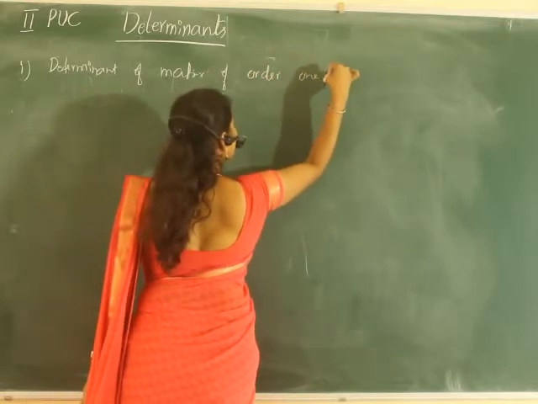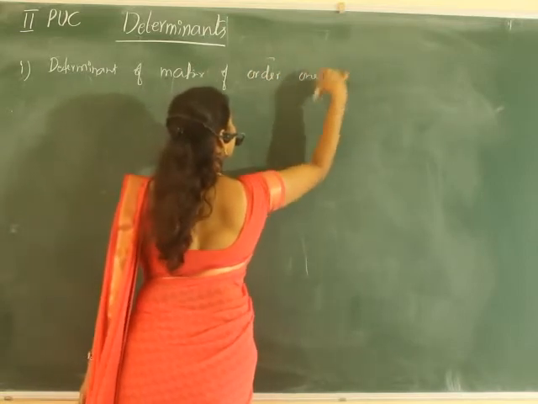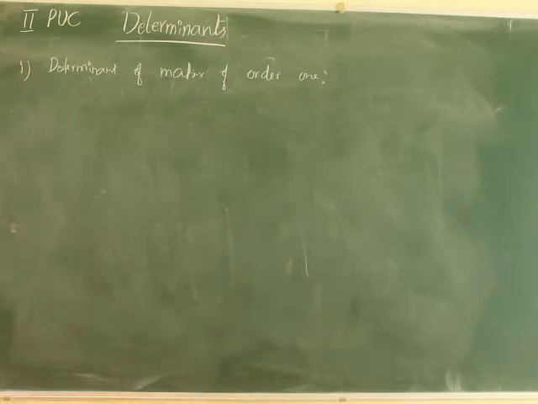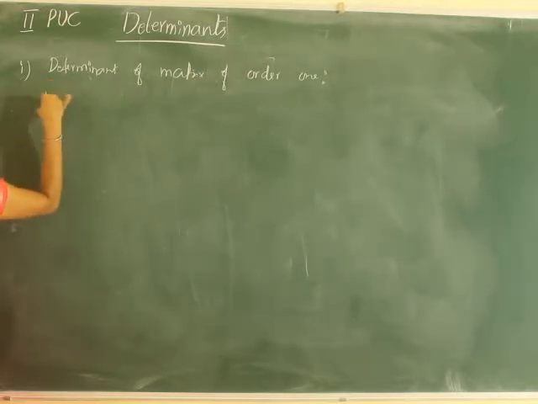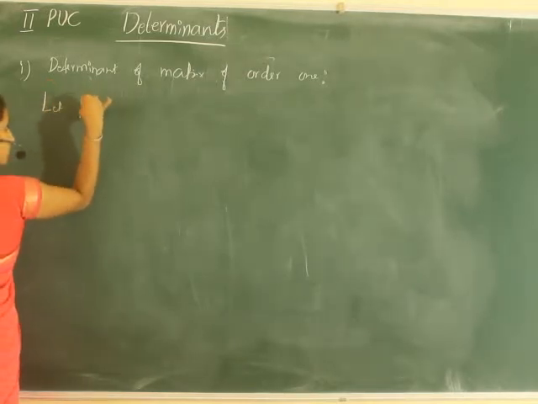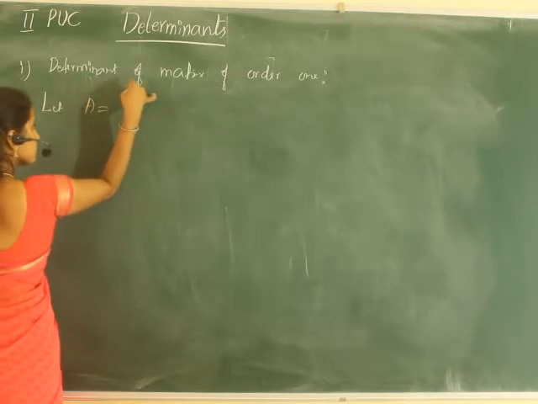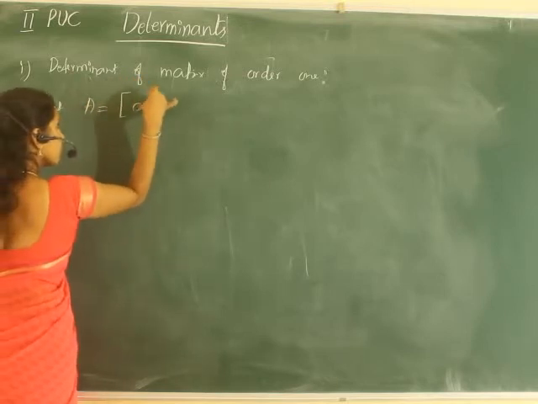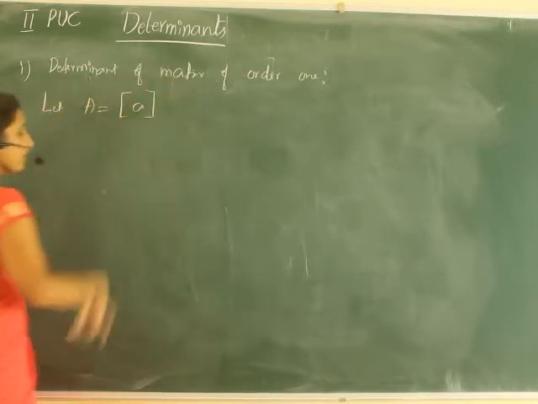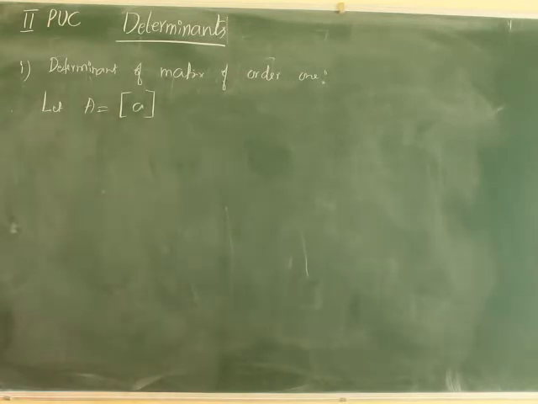How to calculate the determinant of a matrix of order 1? Order 1 means 1 by 1, that is 1 row and 1 column. Let A be a matrix with only one element.